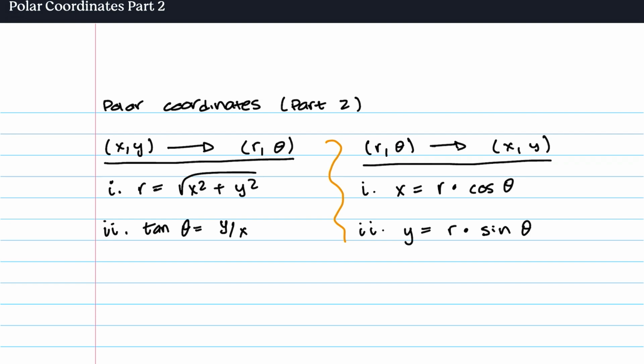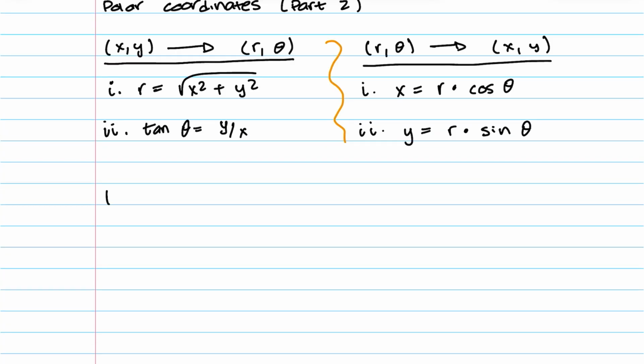Now, let's revisit the example that we went through in our last video. We were given a point 4, 4 in x, y notation, and we converted it to r, theta, which we got to be 4 square root of 2, pi over 4, which was our polar coordinate point.